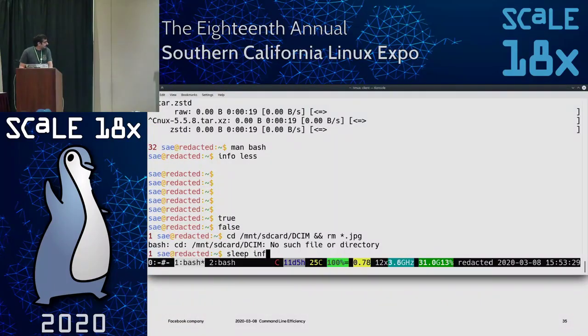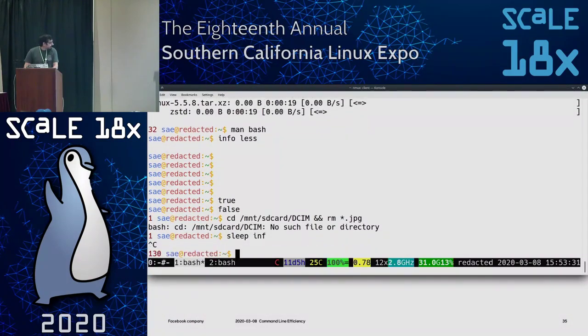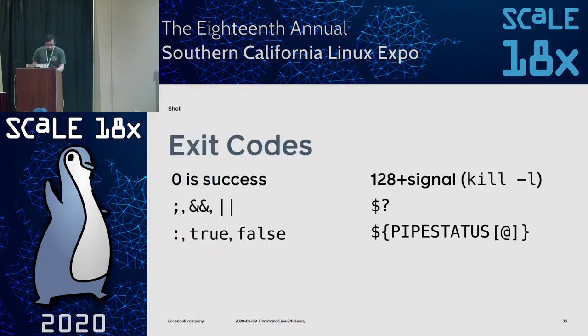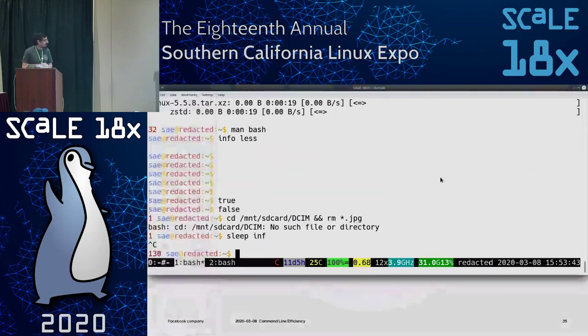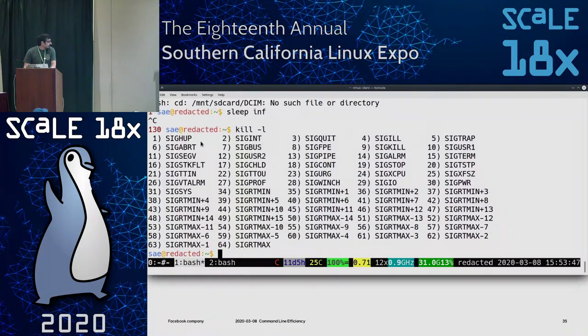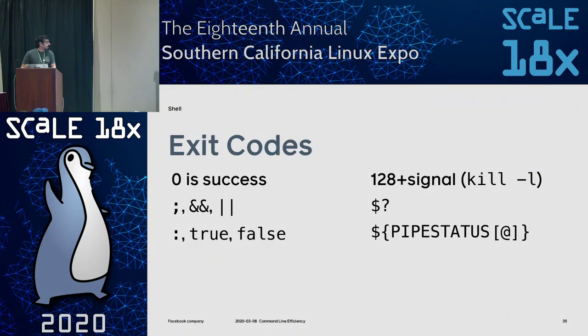Likewise, isn't it curious that when I have sleep infinity, if I hit Control-C, it's not a 1 that gets outputted, it is a very particular number. In this case, 130 corresponds to the signal that was sent to that process. If I look at what signals we actually have available, SIGINT is number 2, and it just so happens that 130, which was the exit status, is 128 more than the signal that was sent.